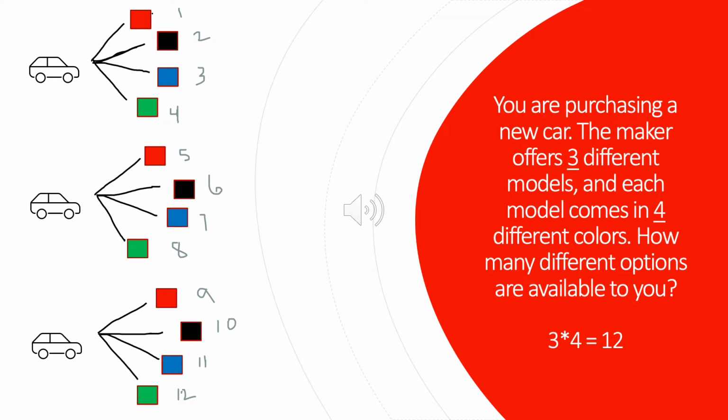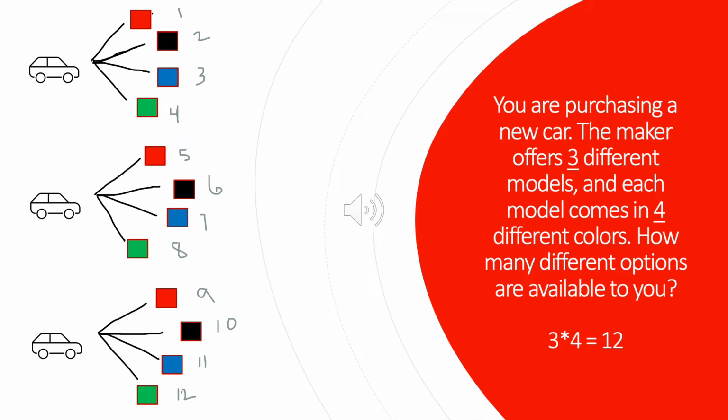So over on the left side, I've shown the 3 different models. And maybe there's just better tires on one or a different interior on one, but we've all probably seen a particular car in a different model style. And of course, we've all seen a particular car just in a different color.